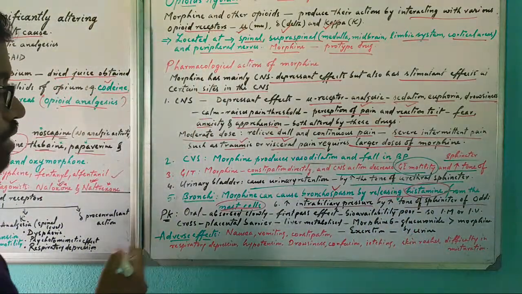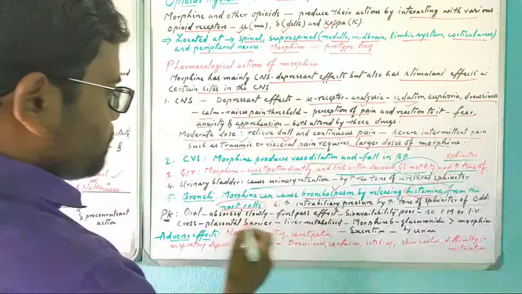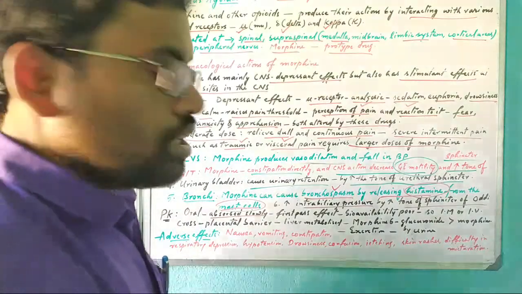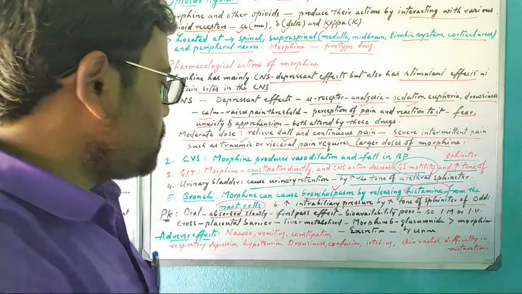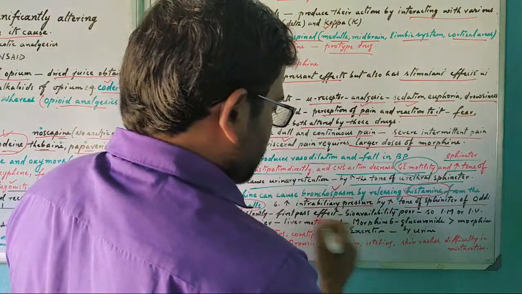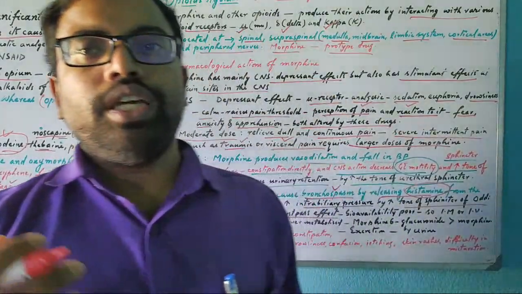Then, what is the pharmacokinetics of morphine? It is absorbed slowly when given by oral administration, and a first pass effect is there. What is the first pass effect? It is metabolized by the liver.